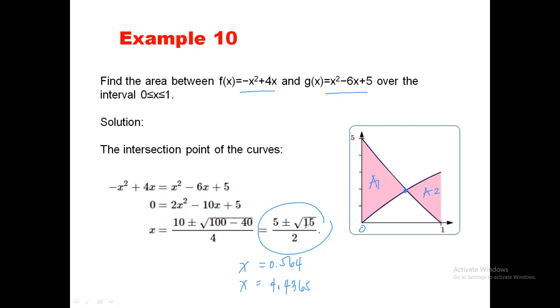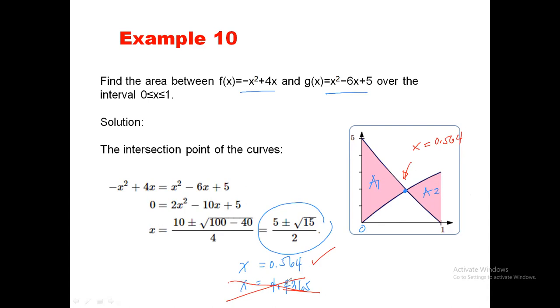Since you are to have the intersection of these two curves between 0 and 1, you could see it here, between 0 and 1, you cannot use this. Why? Because it's beyond 1. So you are to choose this one, the 0.564, because it's between 0 and 1. So this must be x equal to 0.564. I hope we have understood why we have to choose this one over this.